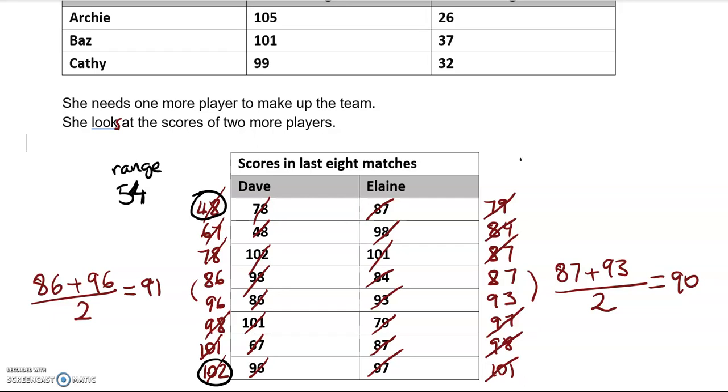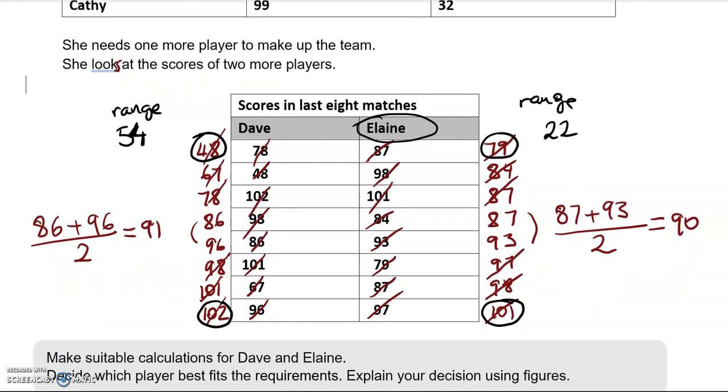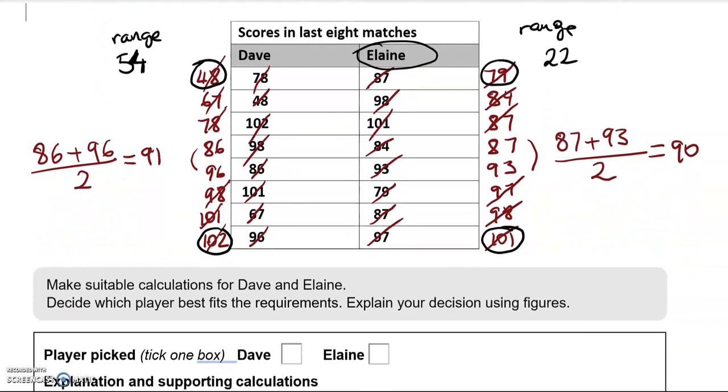And for Elaine, that is 101, take away 79, which is 22. So although the median for Dave is slightly higher, we'll go for Elaine as she's more consistent, and the range tells us that.